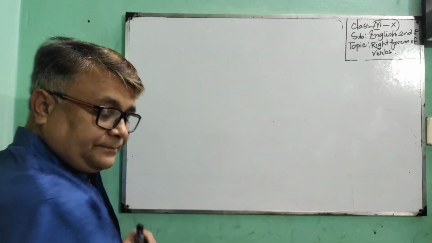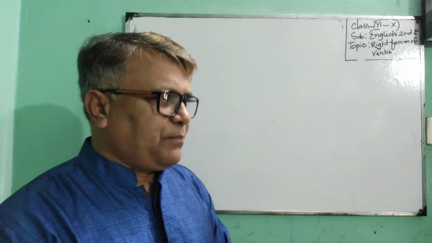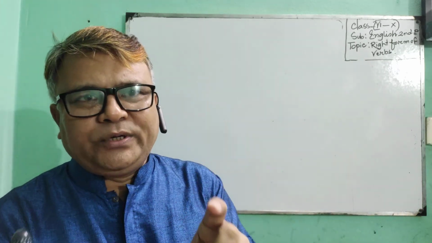Dear learners, you must know about preposition. You know that in previous class I told you what is preposition. Preposition is a word placed before a noun or noun equivalent to show its relation to some other word in the sentence.